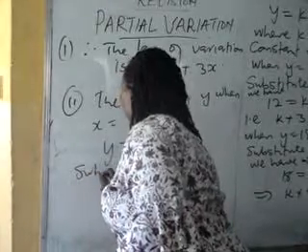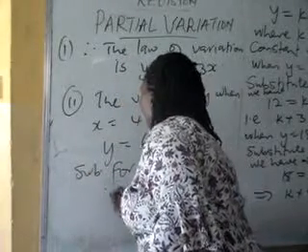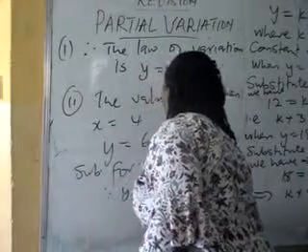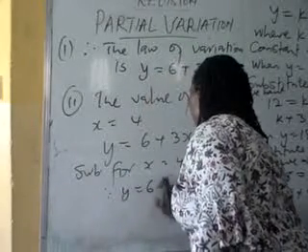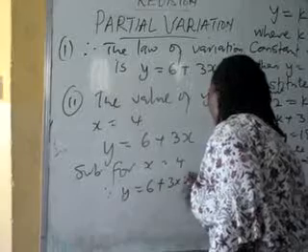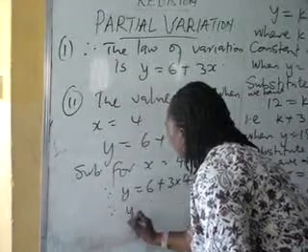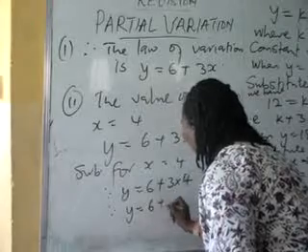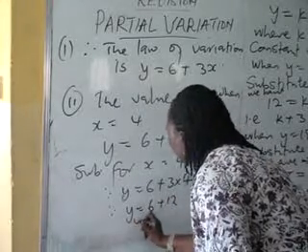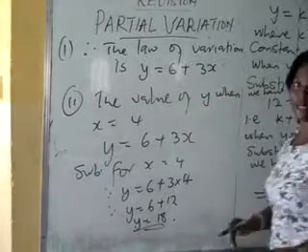Now substitute for x equals 4. Therefore, y now equals 6 plus 3 times 4. Therefore, y now equals 6 plus 12. y equals 18, which is the answer to question number 2.